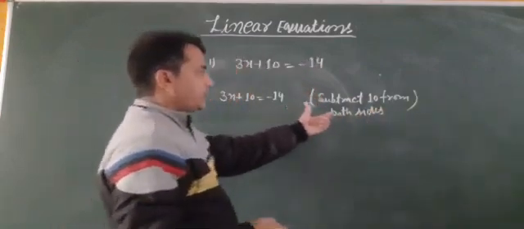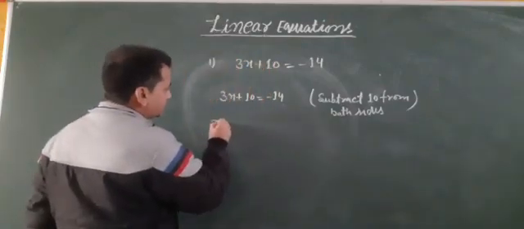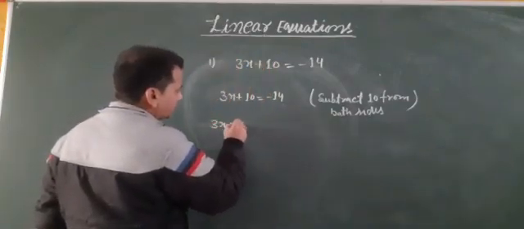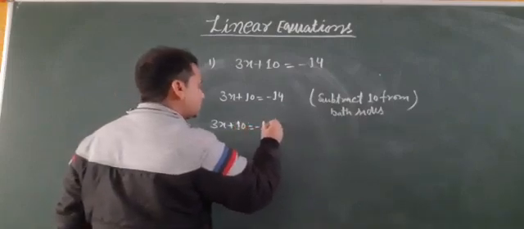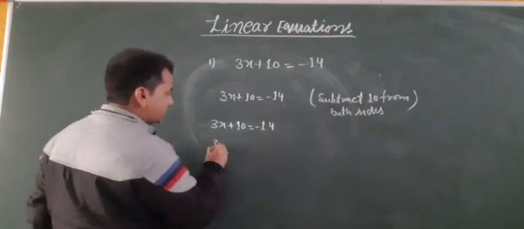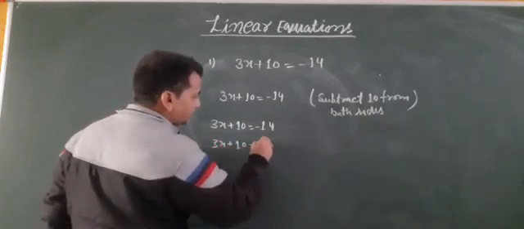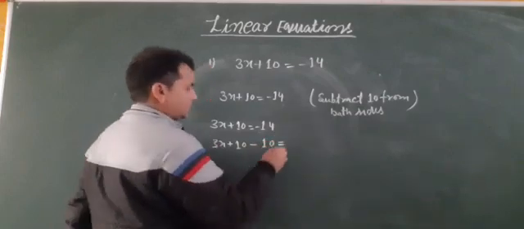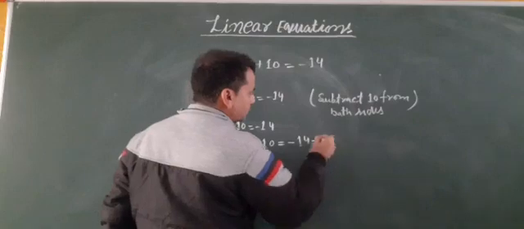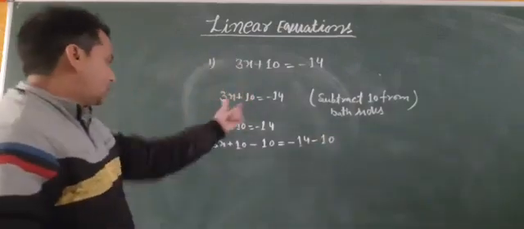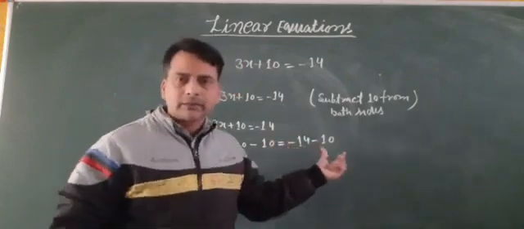Then 3x plus 10 minus 10 equal to minus 14 minus 10.